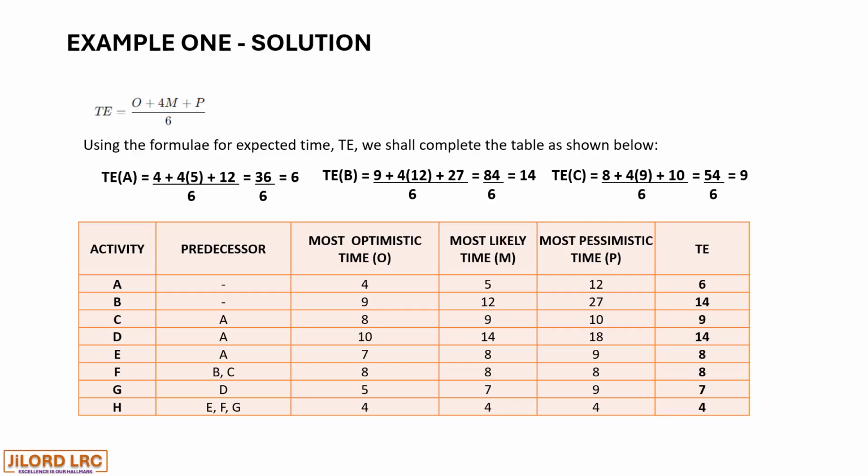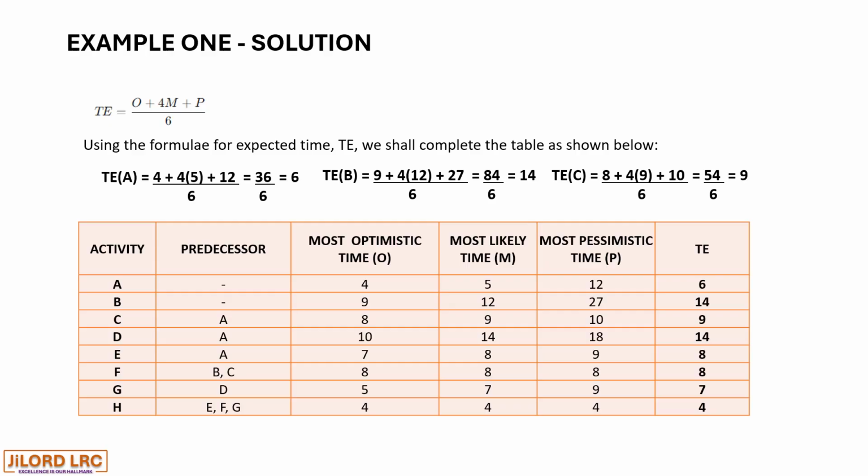We started with activity A. Optimistic time is 4, plus 4 times 5, which is the most likely time, plus 12, all divided by 6. So that is 36 divided by 6, giving us 6. So activity A has 6 as its expected time.